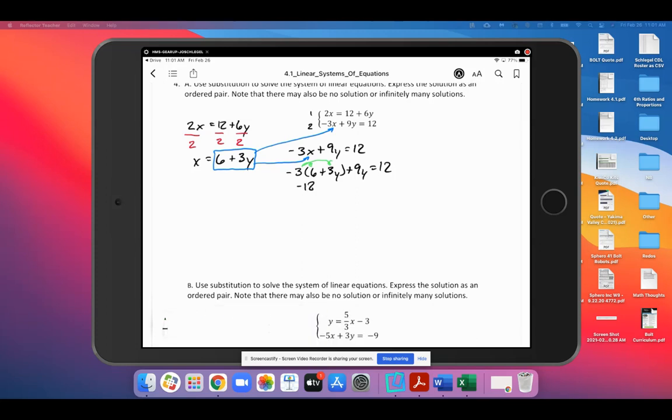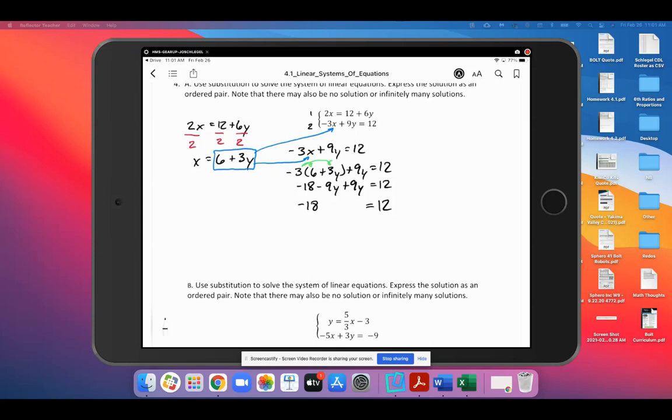So I will have negative 18 minus 9y, oops, my bad, that is minus 9y plus 9y equals 12. Okay, so I have negative 18, a negative y and a positive y makes 0 or nothing. And so I have negative 18 equals 12.